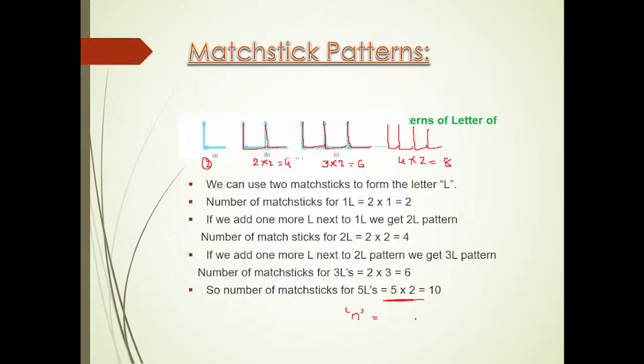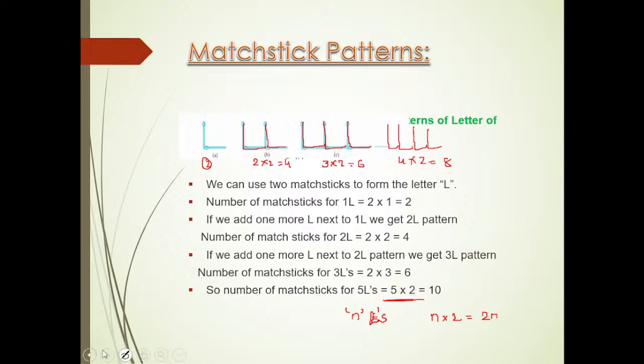Okay, I will tell. For making N L's, we require n into 2, that is equal to 2n. Here we don't actually know what n means. n may be 10, n may be 5, n may be 6, n may be 8, n may be 100.